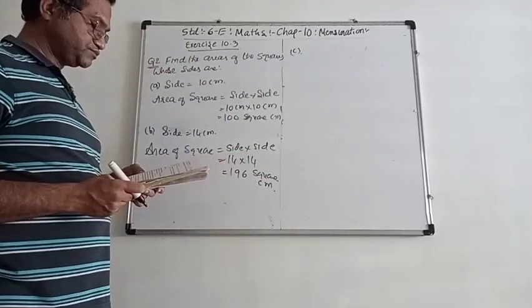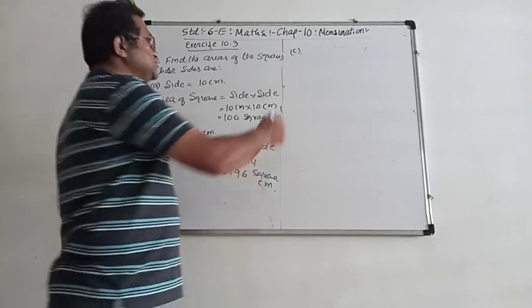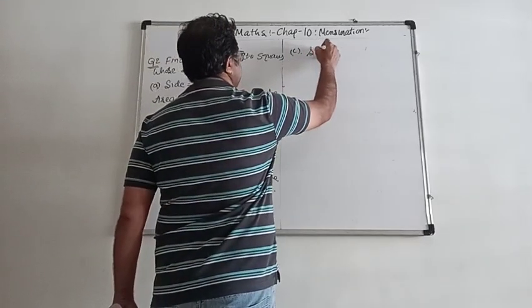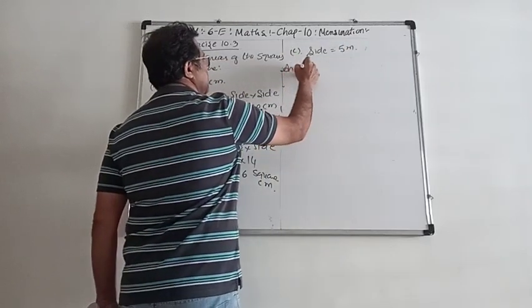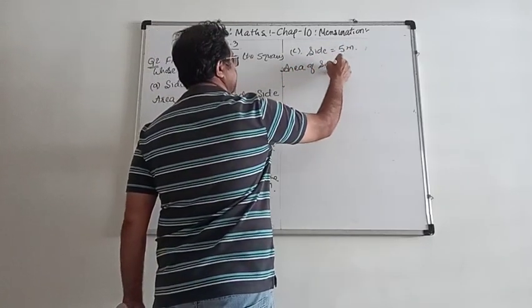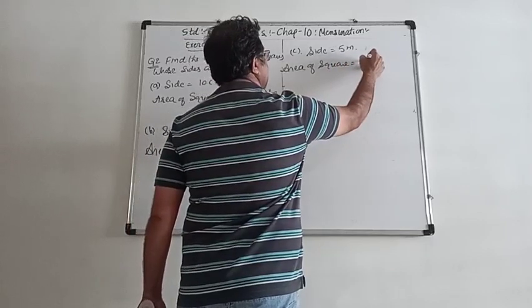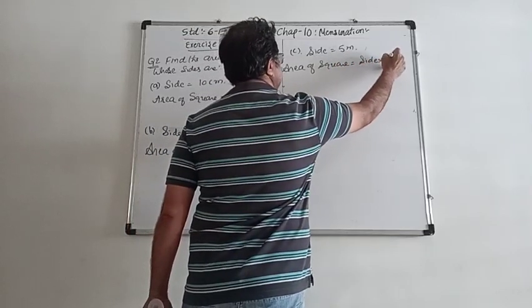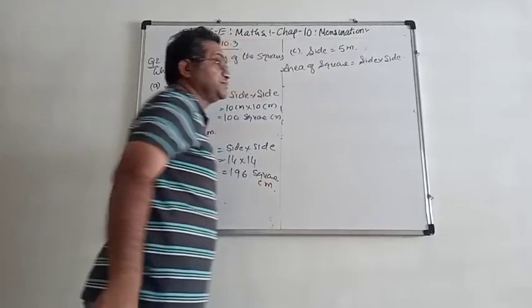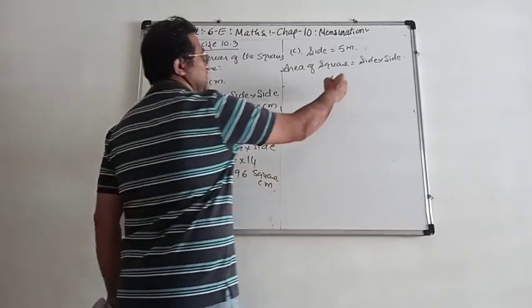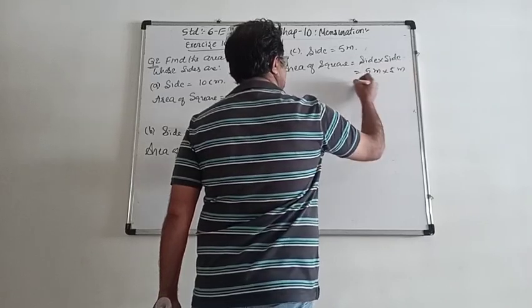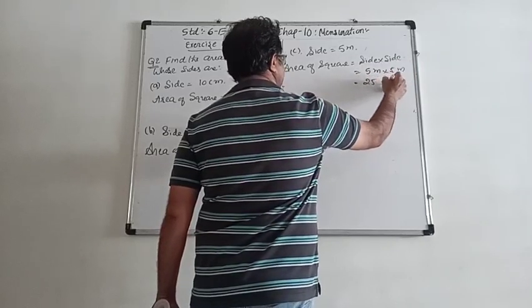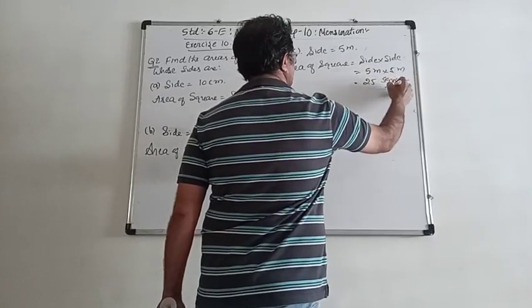Third one is side is equal to 5 meter. So now area of square is side multiplied by side, and that is 5 meter multiplied by 5. 5 5s are 25 square meter.